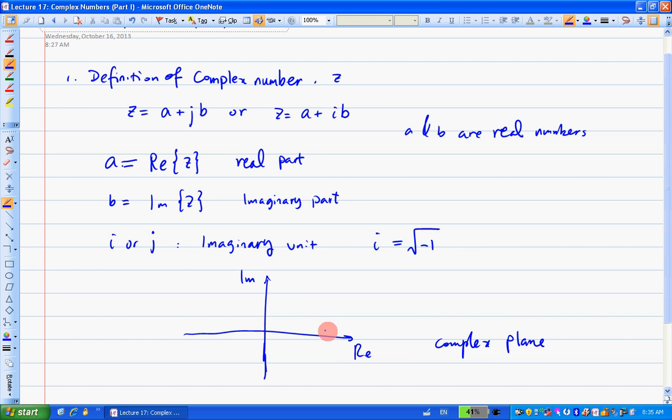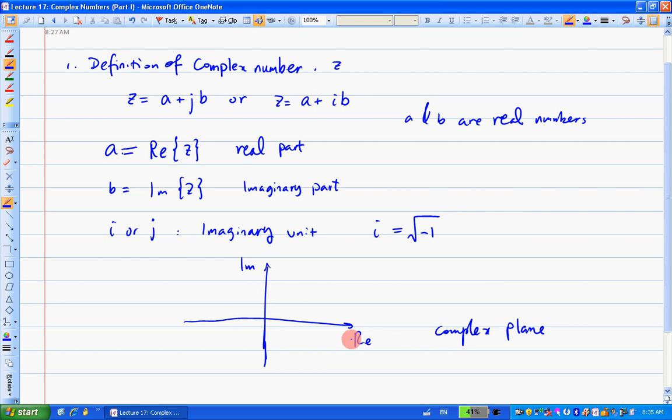So when we have a complex number, say A plus I B, A is the real part, right? So where's A? Maybe A is here. And where's B? B is the imaginary part. The location of A plus I B is the complex number.